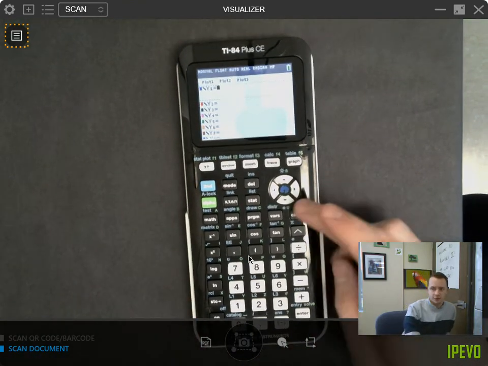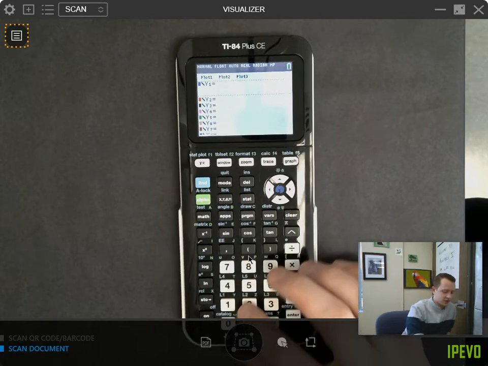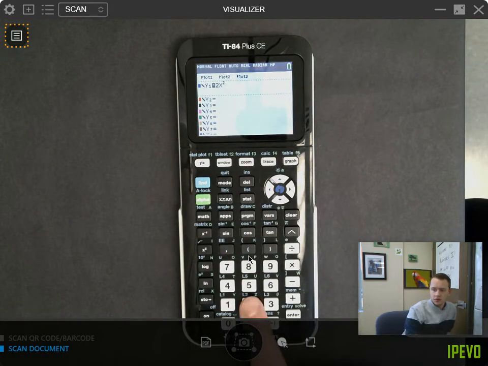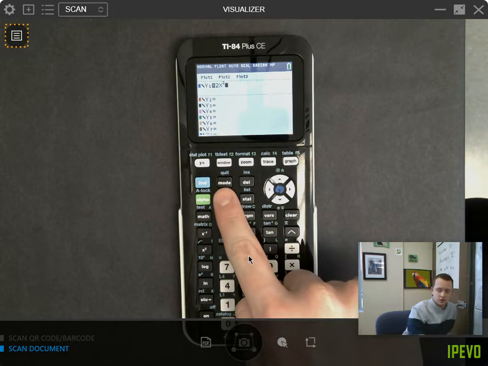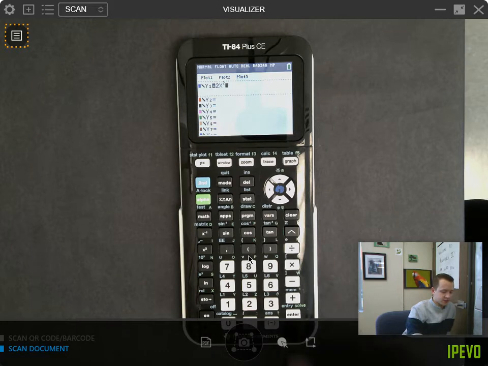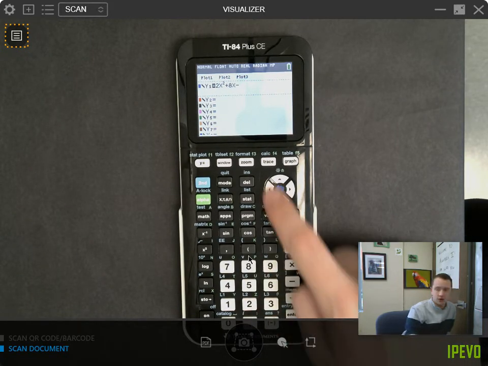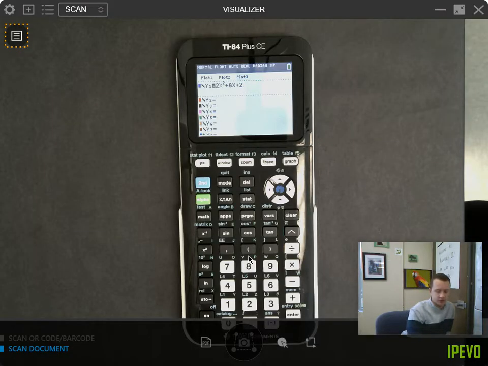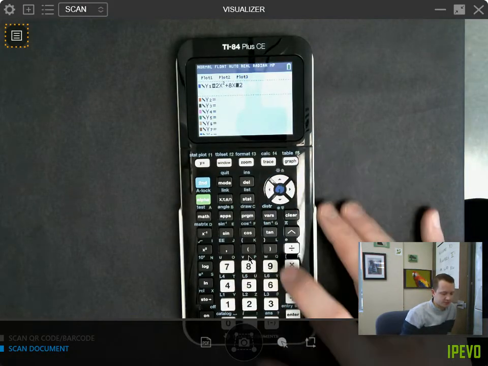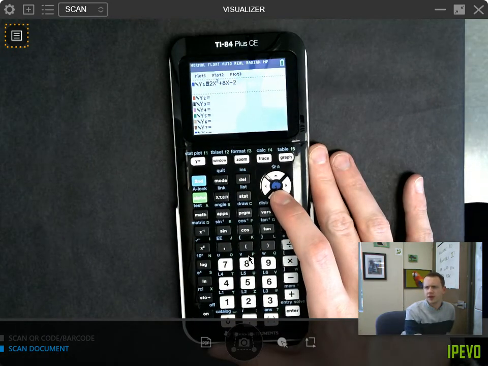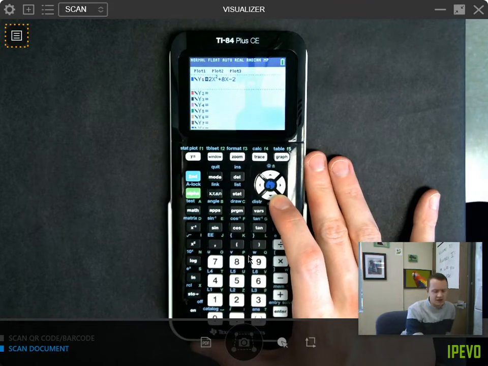Okay, so here's what I'm going to do. 2x squared, plus 8x, plus 2. Just going to make sure that's what it was. That was minus 2, my bad. So then I'm going to scroll back over here and hit minus. Okay, so now it says 2x squared plus 8x minus 2. That's the graph that I want to see.